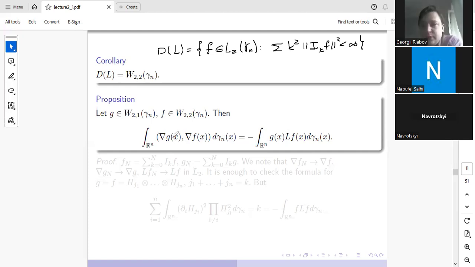So this justifies the possibility to, in some sense, take the derivative from g to f, even though this is not a usual derivative.